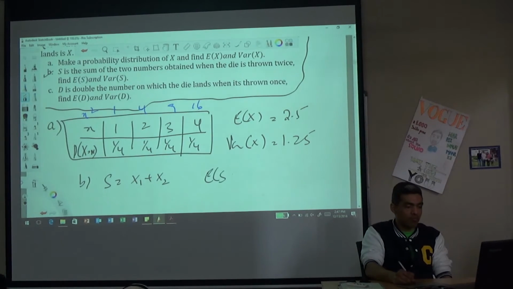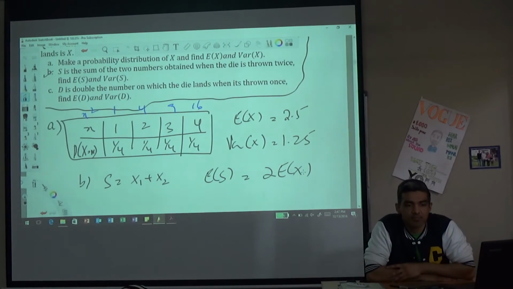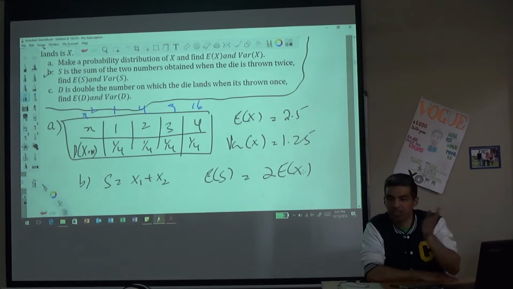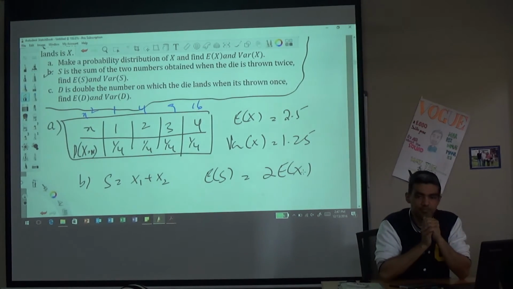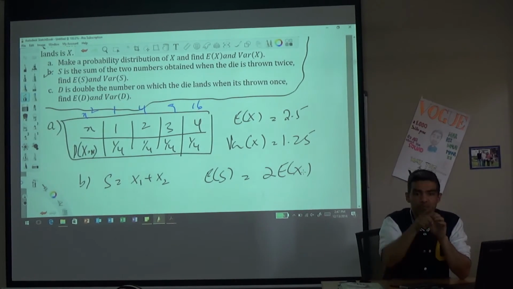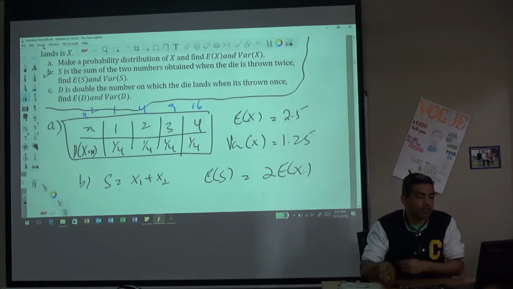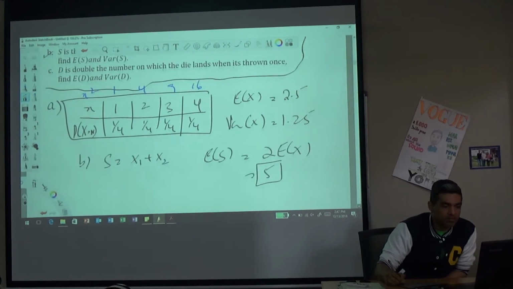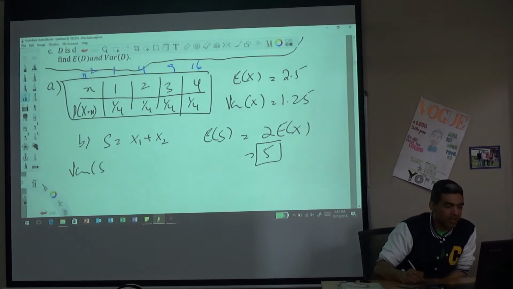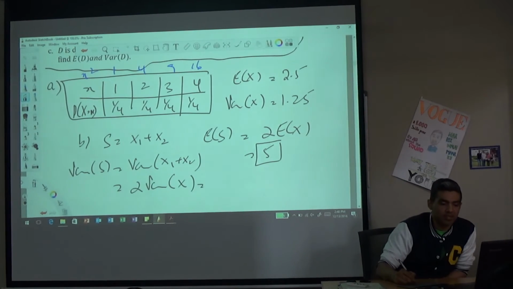And the expected value of S would be 2 times the expected value of x, meaning E of x1 plus E of x2, 2 times 2.5. So that would be 5. And the variance of S would be variance of x1 plus x2, which is 2 times variance of x, and that's going to be 2.5.